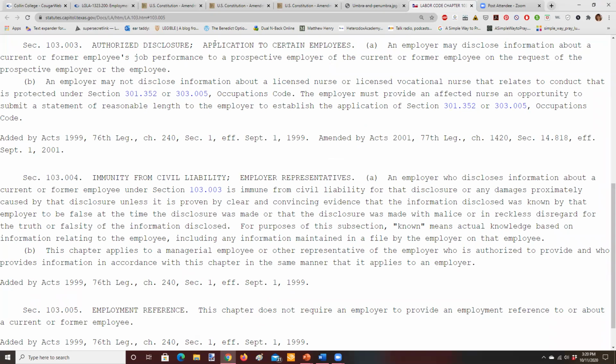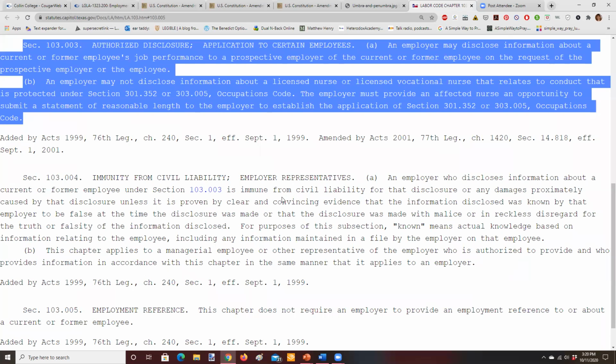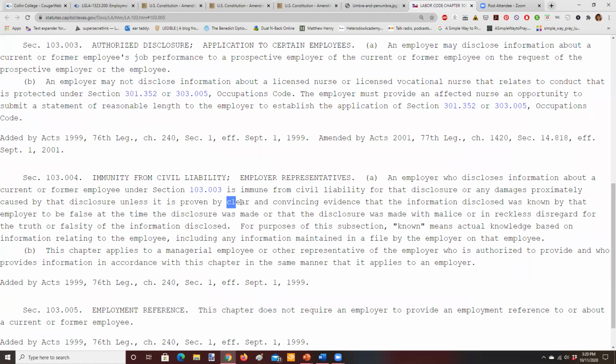An employer who discloses information about a current or former employee under this statute is immune from civil liability for that disclosure or any damages proximately caused by the disclosure unless it is proven by clear and convincing evidence.